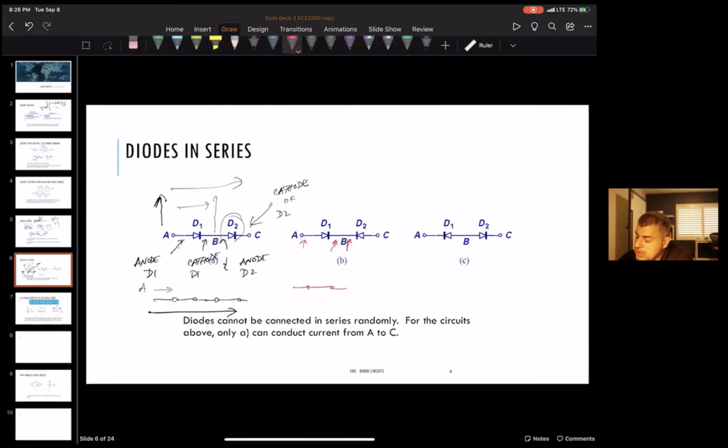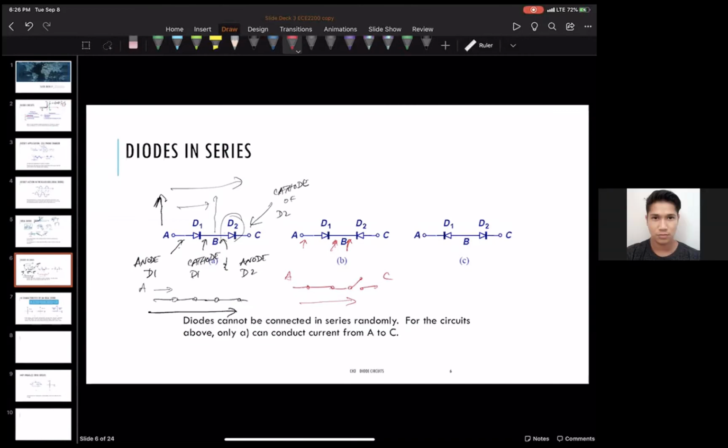Which means that now the cathode of D2 is going to be higher than its anode, and that means it's going to act like an open switch. So in this case, when the diodes are facing each other, you do not get a closed switch from A to C. Okay, does everybody see that? Yep. Okay, so it's just a real simplified way of looking at a diode.